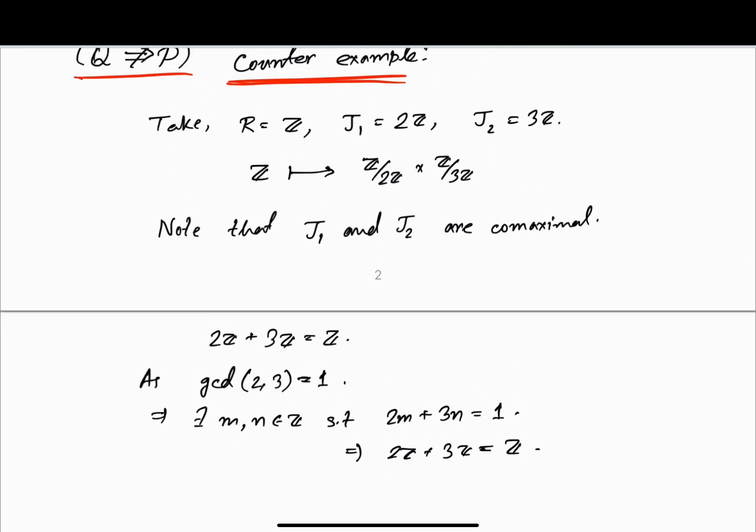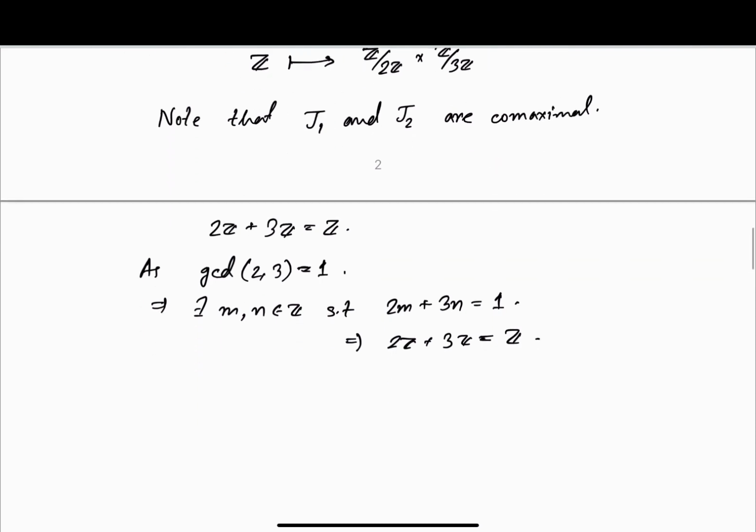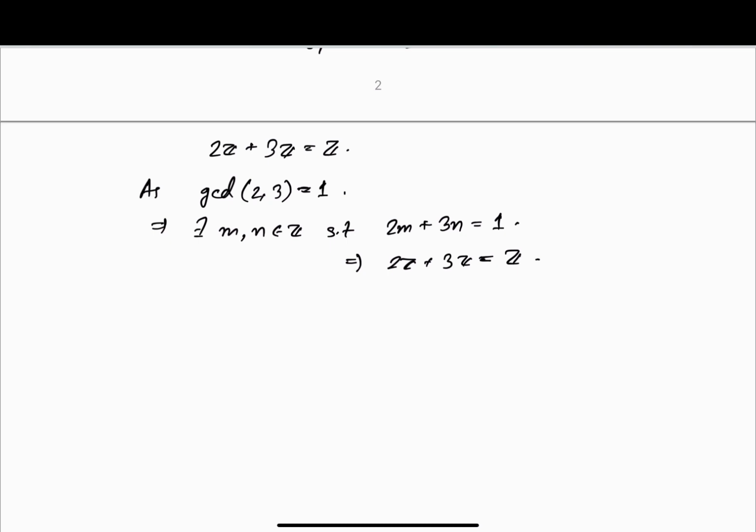Now I will show that if you pick some elements R1 and R2, then there does not exist a unique element R such that R minus R1 and R minus R2 are in J1 and J2. So this is the map, Z goes to Z mod 2Z cross Z mod 3Z. Note what the intersection is: we have to find the kernel. 2Z intersection 3Z is 6Z.